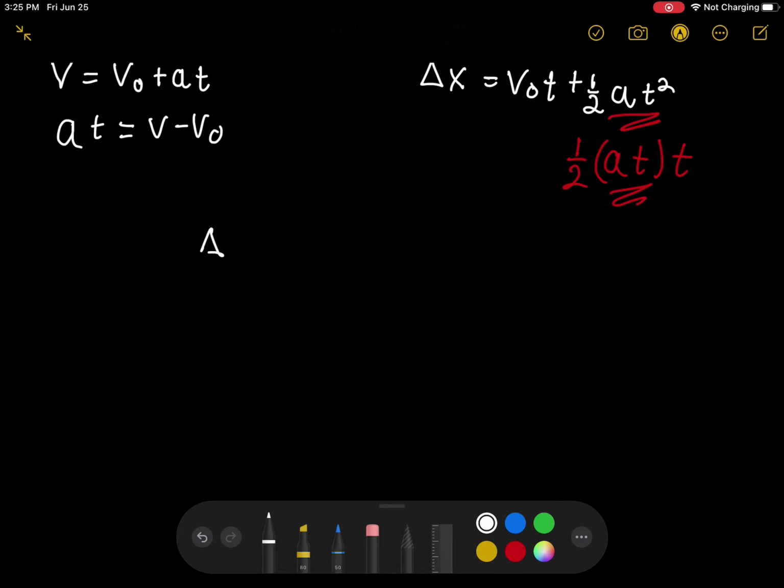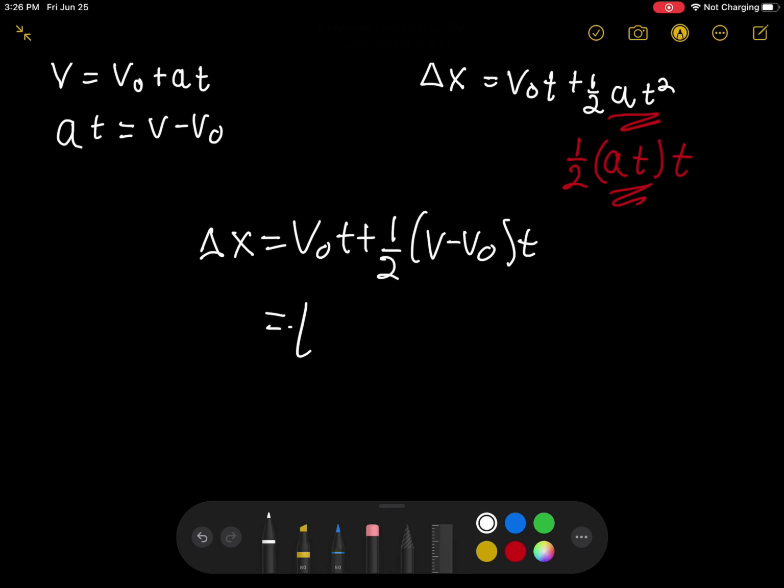We're going to have delta x is equal to v0 t plus 1/2, and remember we're plugging in that term, so it's v minus v0, and then there's a t term out there, and I'm going to factor out a t and plug in the 2, so this is t in big parentheses, v0 plus v minus v0, all of that over 2.